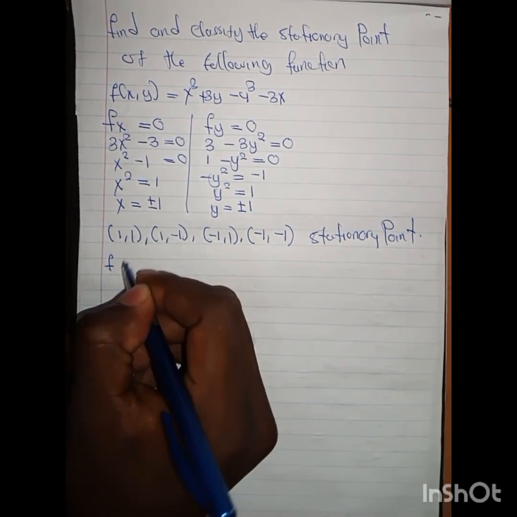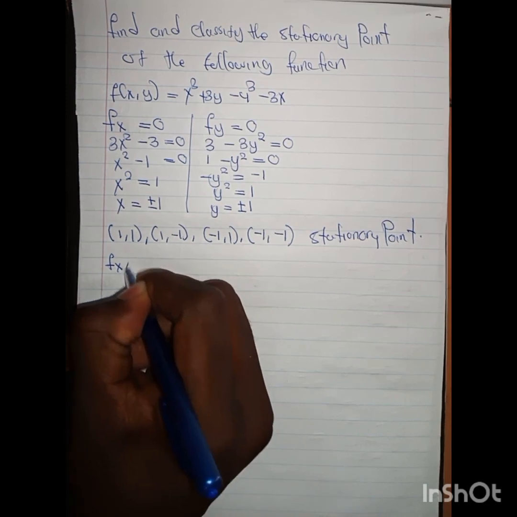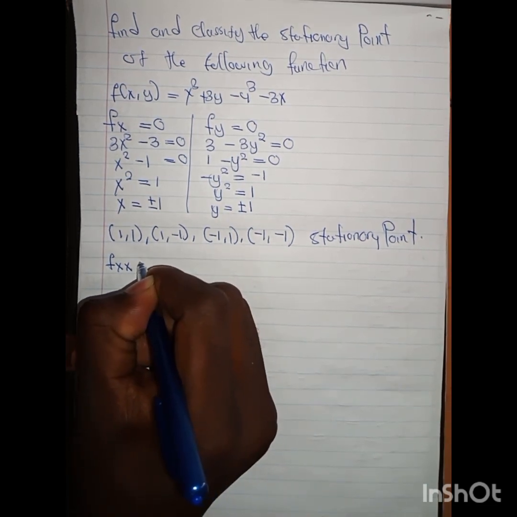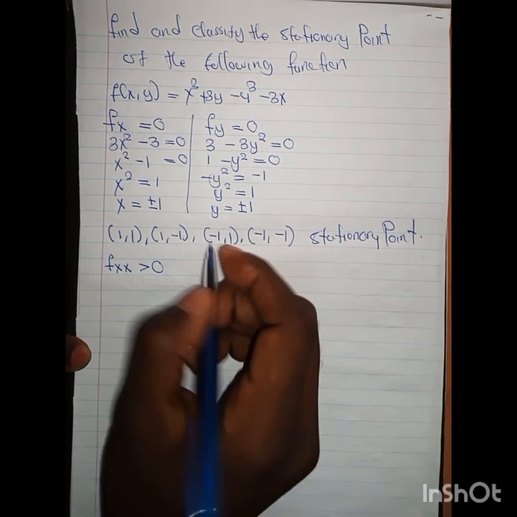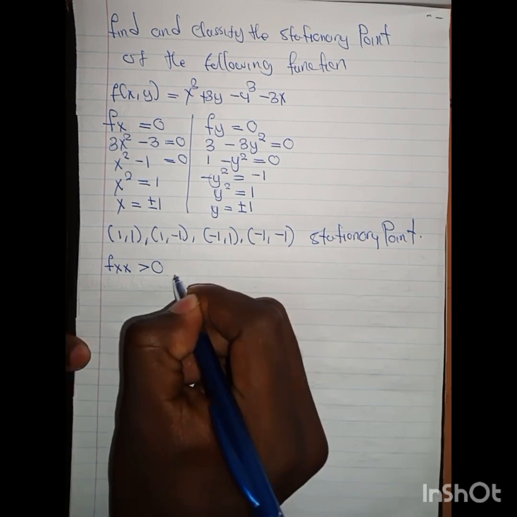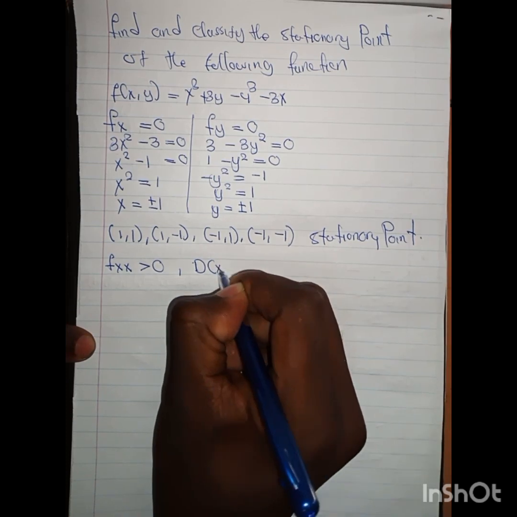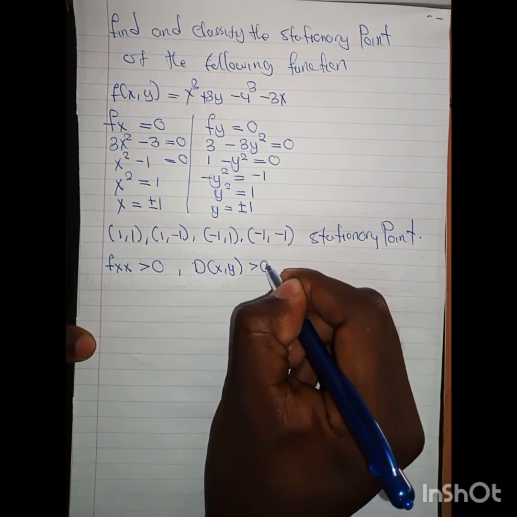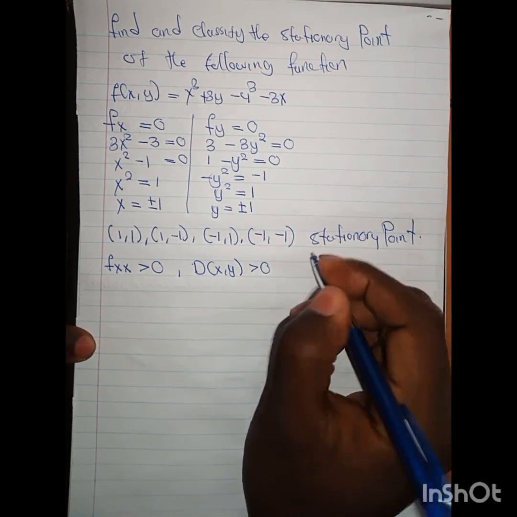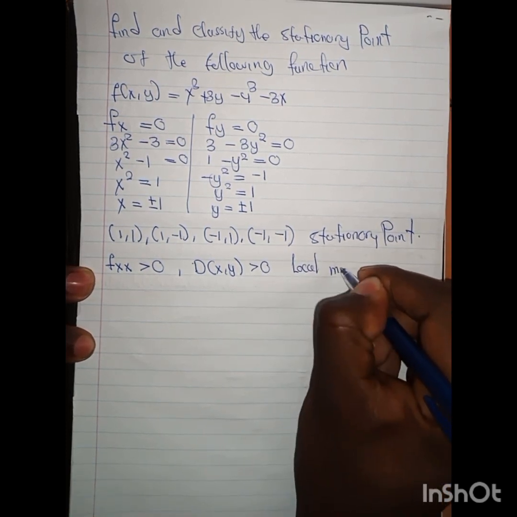If it happens that when we find f sub xx, the second derivative of f with respect to x, the value is greater than 0, and the value of D at a point x and y is also greater than 0, it means that point is a local minimum.